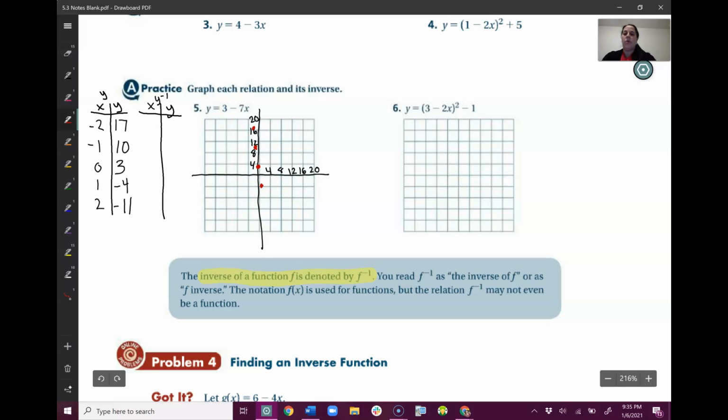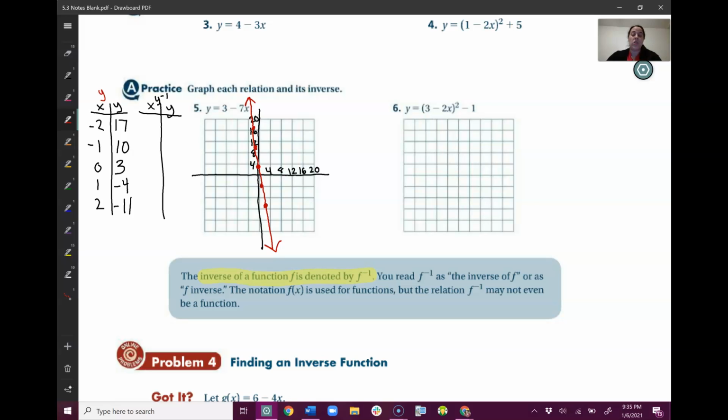And then 2, comma, -11, be about there. Then I can connect them. Okay, so that's the graph of y, the original.